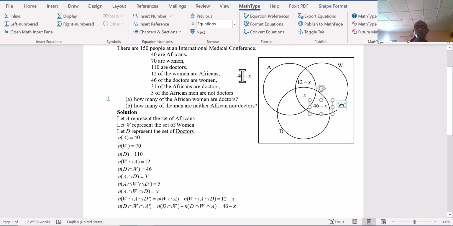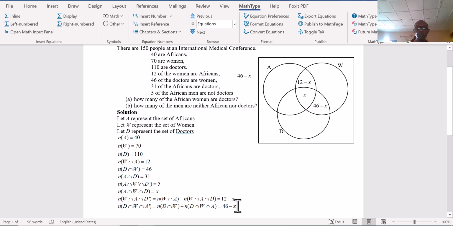So it's taking shape. The next one we are given is this other one, A intersection D as 31. A intersection D, that is this overlap here. So we only need this region.